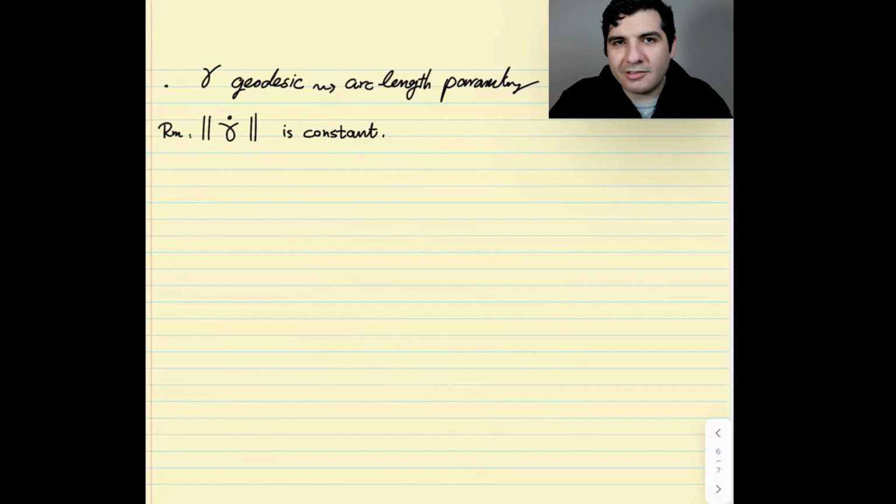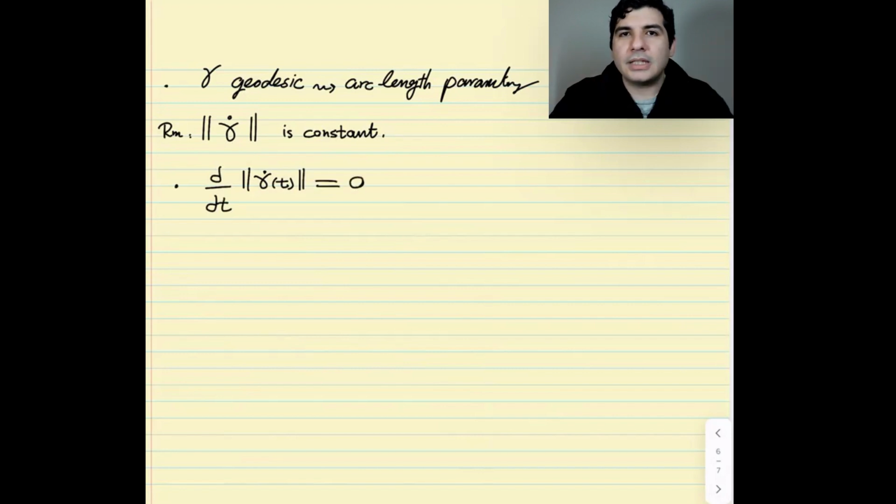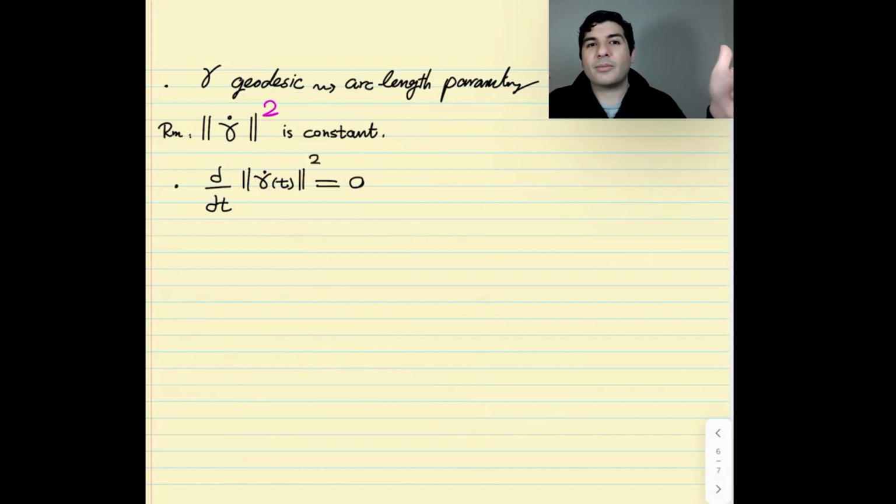But let's give a more mathematically rigorous proof of that. What does it mean for the norm of gamma dot to be constant? It means it doesn't change when the parameter t, the time parameter, changes. So its derivative with respect to t is 0. But for the sake of proof, note that saying the norm of gamma dot is constant is the same as saying the norm of gamma dot squared is constant.